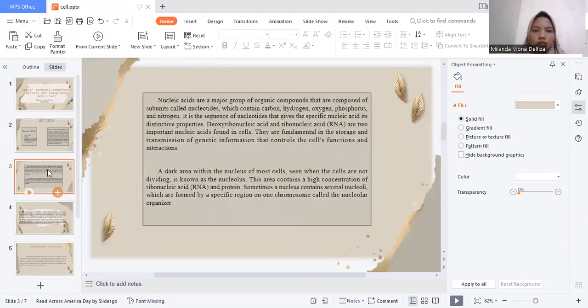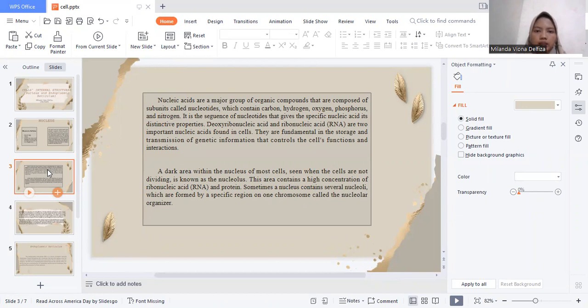Nucleic acids are a major group of organic compounds. They are composed of subunits called nucleotides, which contain carbon, hydrogen, oxygen, phosphorus, and nitrogen. It is the sequence of nucleotides that gives the specific nucleic acid its distinctive properties.